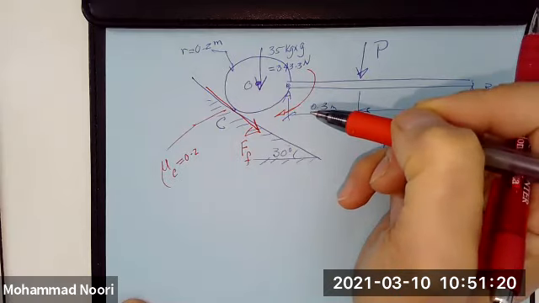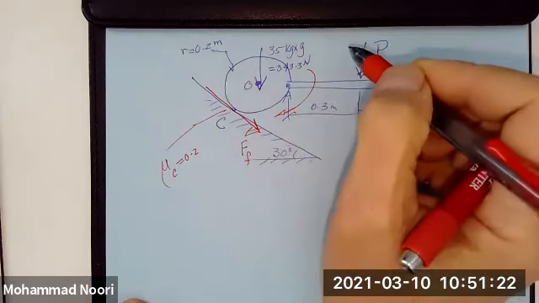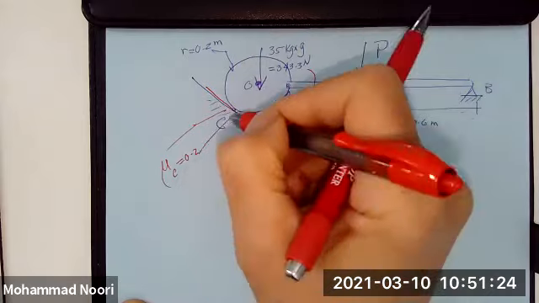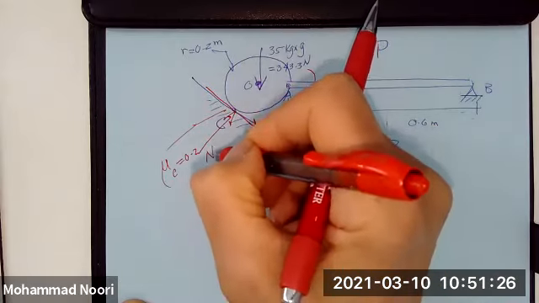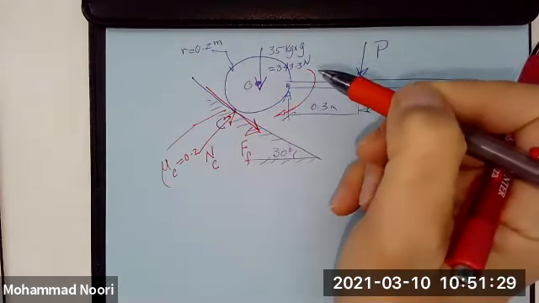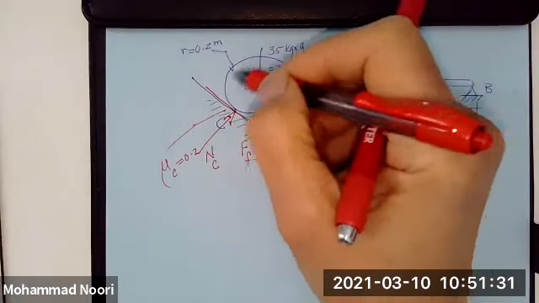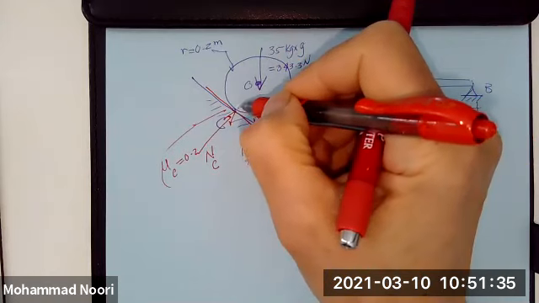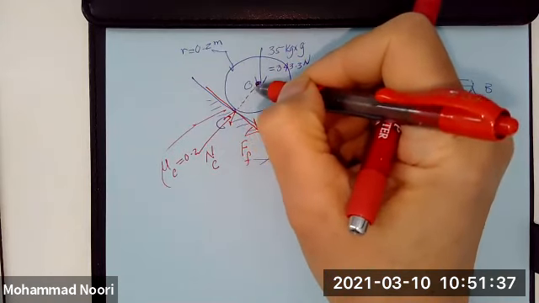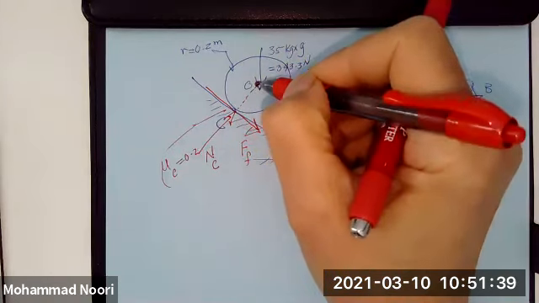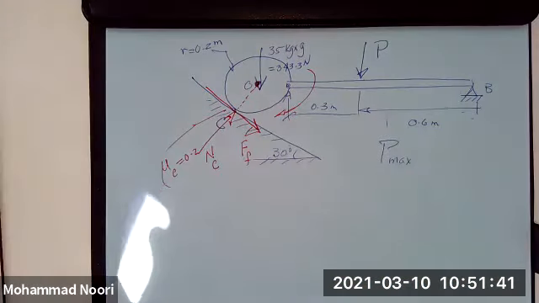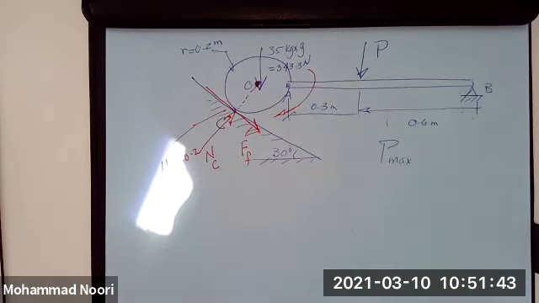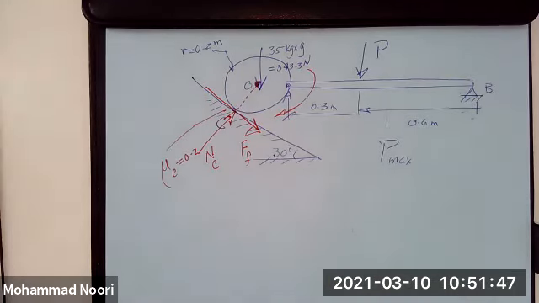So let's draw the free body diagram. And of course, you obviously have a normal force N sub C that acts this way. And since this is a circle and the point of contact is C, this force N_C would go through the center of the circle. You can visualize that.